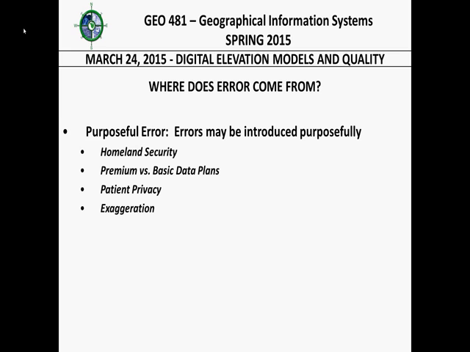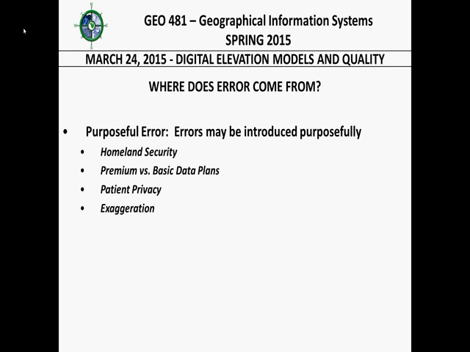I can't show you this, they don't do this anymore, but especially right after September 11th, the Google imagery, they used to make Google do this, they would distort images, and it was kind of a failure. We don't see that anymore.